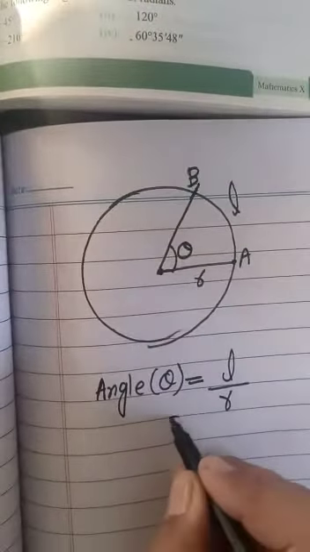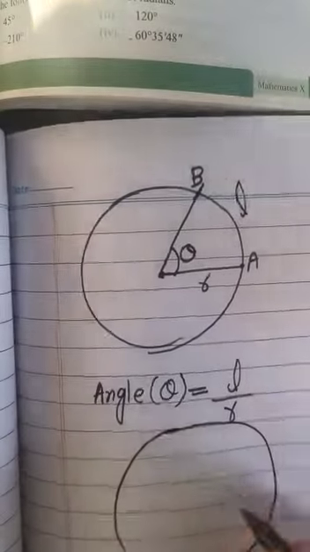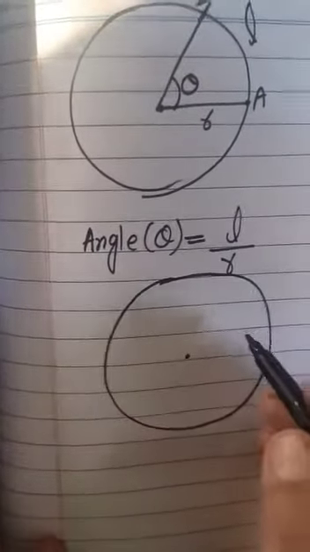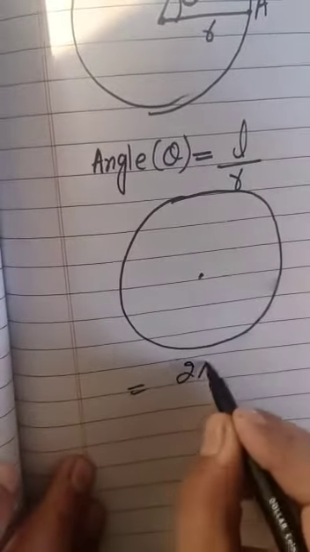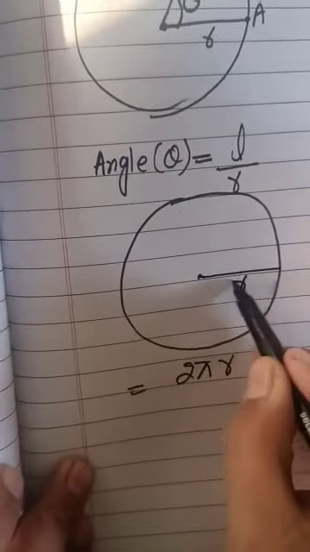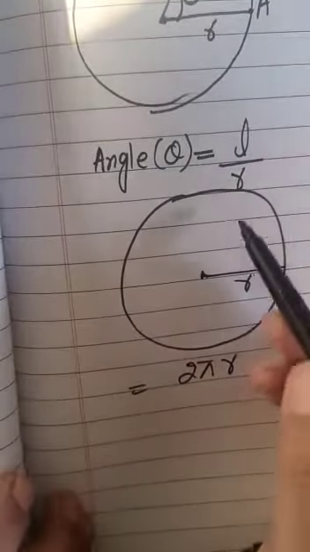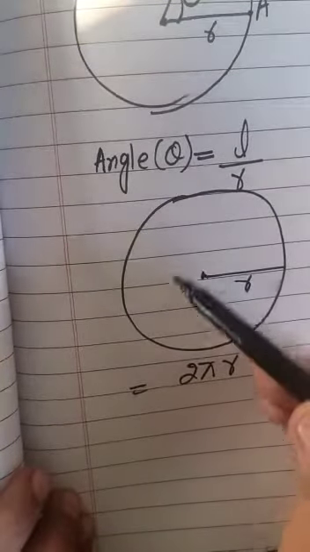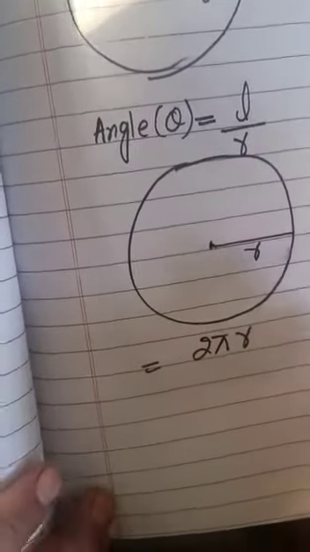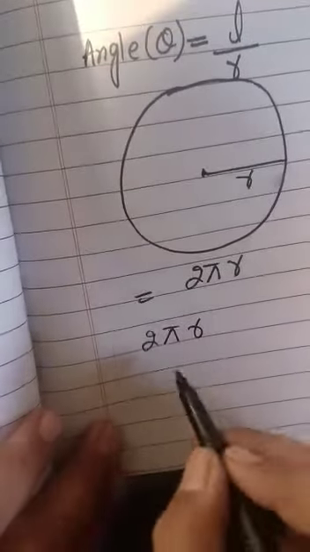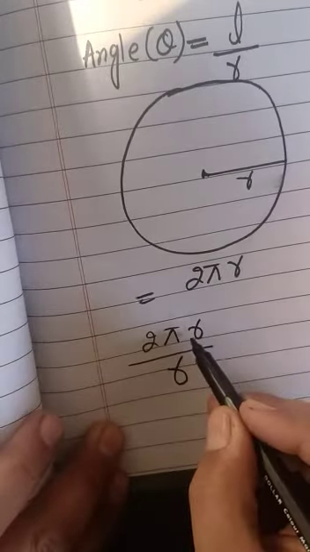Now we have a complete circle. The circle having a complete circumference is equal to 2 pi r, and the radius of the circle is r. Now we will relate this circumference of the circle, radians, with degrees. Now we will write 2 pi r divided by r, the length of the arc.